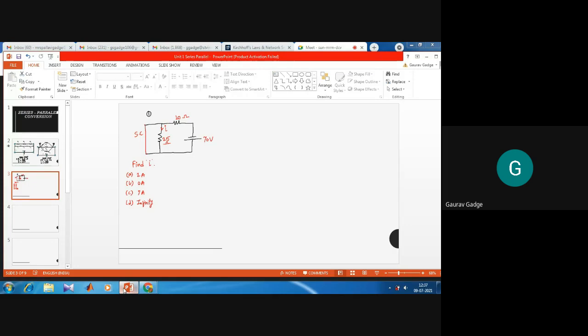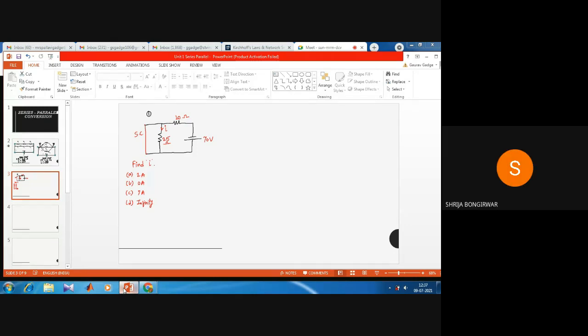You can take 1 minute to think. Sir, 2 ampere. Yes, come on. I think this is very simple. And sir, this particular numerical is on redundant branch, the topic which we discussed in yesterday's class. Come on.